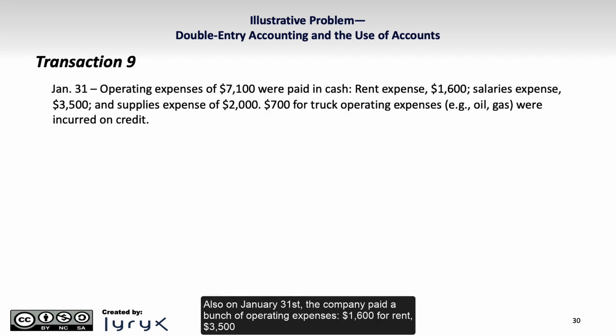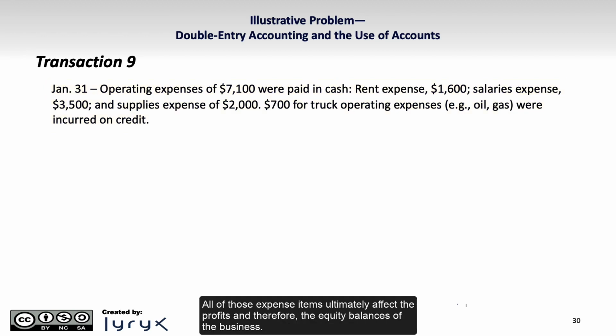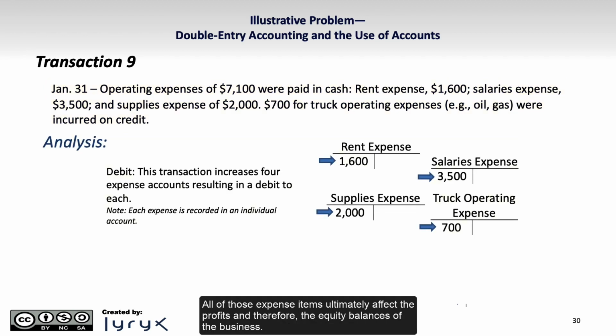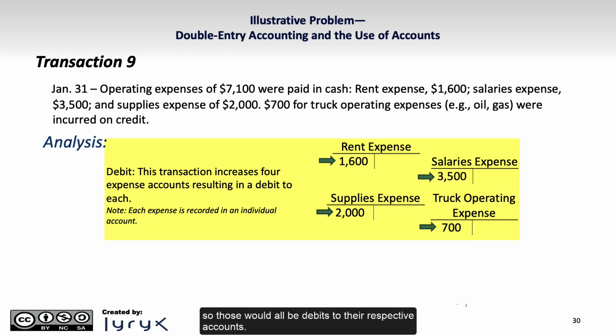Also on January 31st, the company paid a number of operating expenses: $1,600 for rent, $3,500 for salaries, $2,000 for supplies, all of which were for cash, and $700 for truck operating expenses, which was on credit. All of those expense items ultimately affect the profits and therefore the equity balances of the business. Since expenses cause profits to drop and profits end up in equity, the equity would decrease, so those would all be debits to their respective accounts.